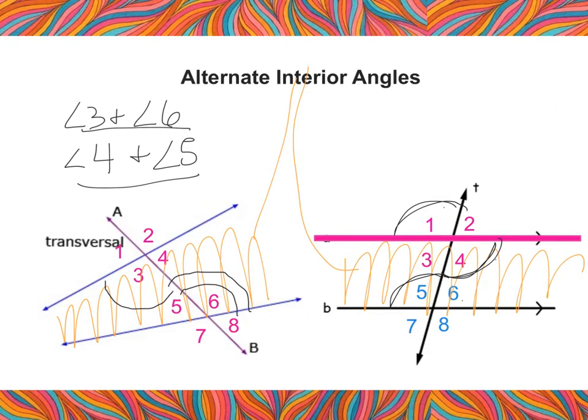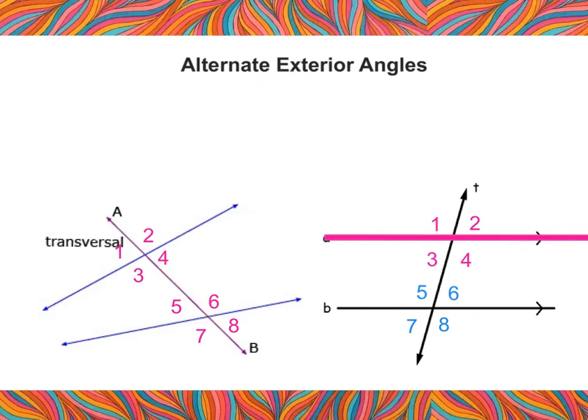So if angle 1 is congruent to angle 4 because they're vertical, and angle 1 is congruent to angle 5 because they're corresponding, well, angles 4 and 5 must be congruent. And just to refresh your memory, that's an illustration of the transitive property of congruence. We're going to definitely talk about that in the next few days. So alternate interior angles are congruent when the lines intersected by the transversal are parallel.